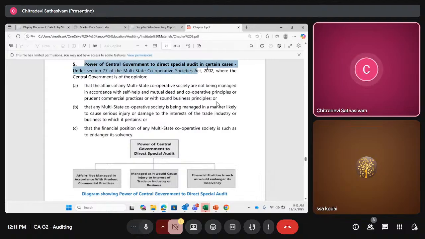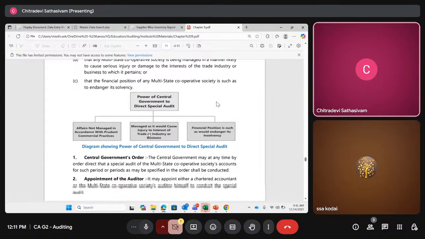Powers of the central government to direct audit. Especially in some cases the central government will direct the MSCS to carry out a special audit in certain cases only. Wherever frauds or insolvencies or any specific occasion happens, they will give you the direction to carry out a special audit.